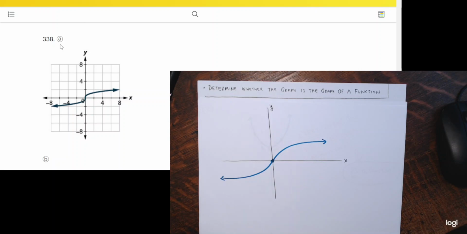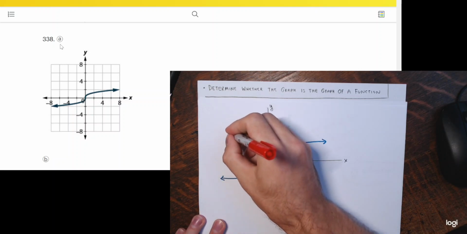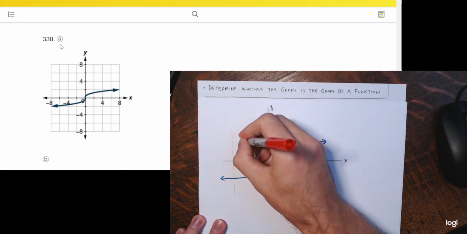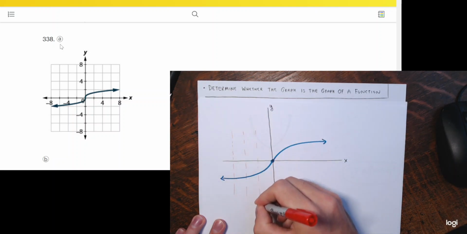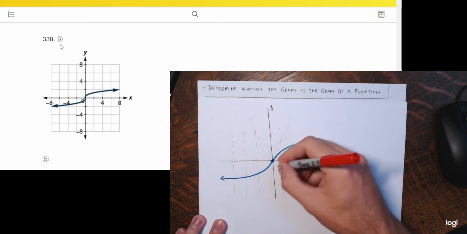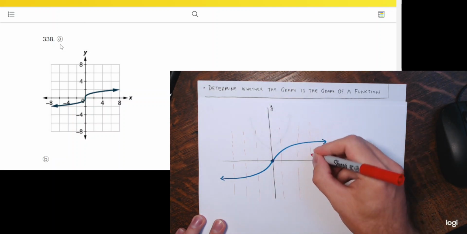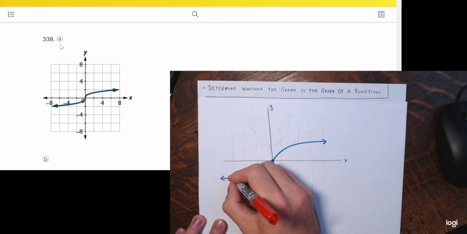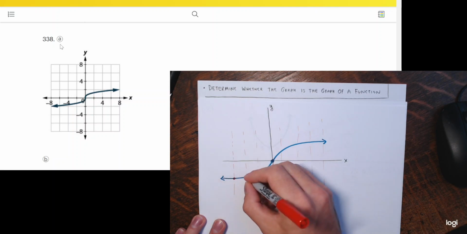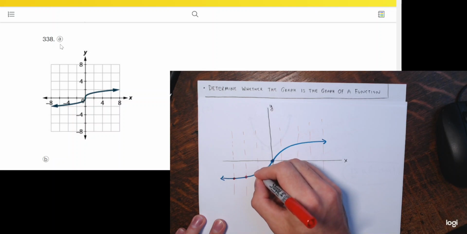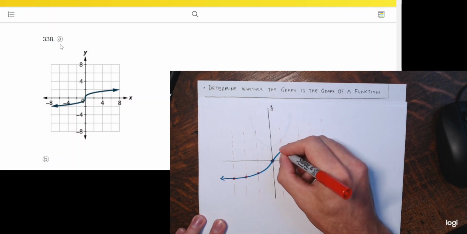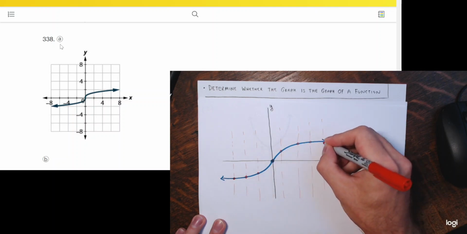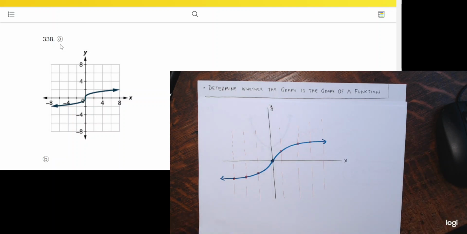And yet again, take any vertical line, even the y-axis. I draw any vertical line. This vertical line hits the graph once. This one hits the graph once. Once. Again, I can't see any vertical line that'll hit the graph more than once.